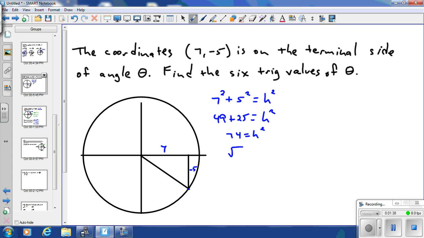And so I'm going to do the square root of 74, and that's going to give me h. And you can try to simplify that. It does not simplify. 74 is only divisible by 2 and 37. 37's prime. There's nowhere we can go to simplify that. So I've got this hypotenuse now that I am aware of is the square root of 74.